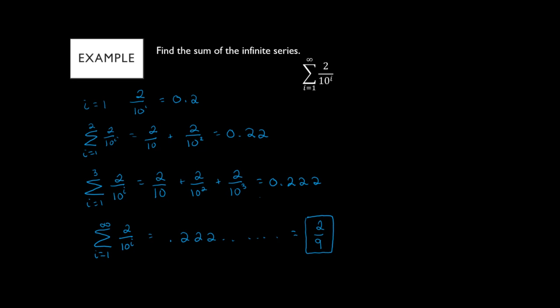So as we go to infinity with this series, our numbers are approaching 2 ninths. So we can also say that the limit is 2 ninths in this case. This concept of a limit is what happens to your pattern as you go towards infinity. So this is how a lot of sums of infinite series are found.